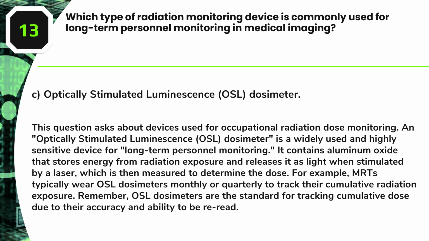It contains aluminum oxide that stores energy from radiation exposure and releases it as light when stimulated by a laser, which is then measured to determine the dose. For example, MRTs typically wear OSL dosimeters monthly or quarterly to track their cumulative radiation exposure. Remember, OSL dosimeters are the standard for tracking cumulative dose due to their accuracy and ability to be reread.